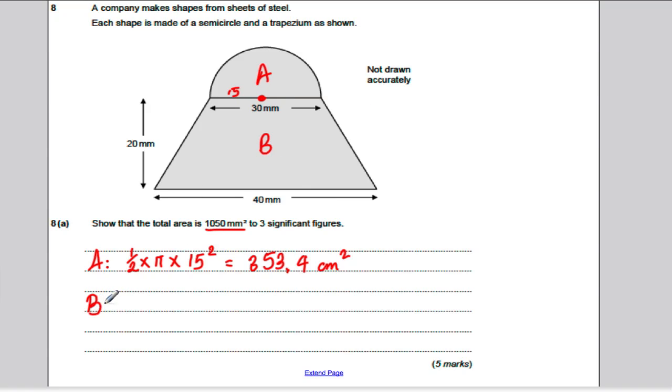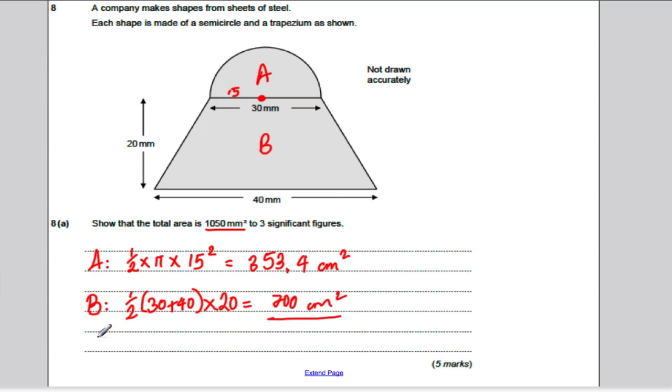And now I'm going to add on the trapezium B. Well, the trapezium formula is given in our formula booklet. It's a half. You add up the parallel sides, so 30 plus 40, and then you multiply by how far they are apart, i.e. 20. And that should give me the area of B. And I get for that 700 centimeters squared.